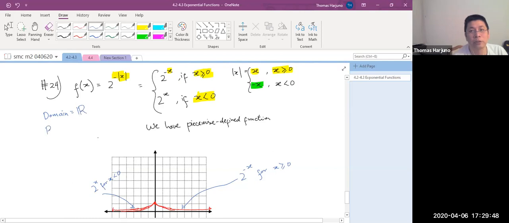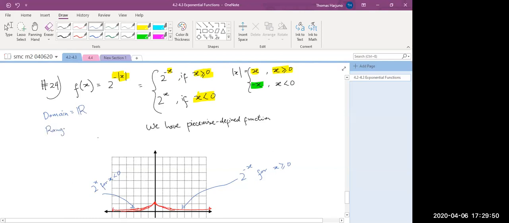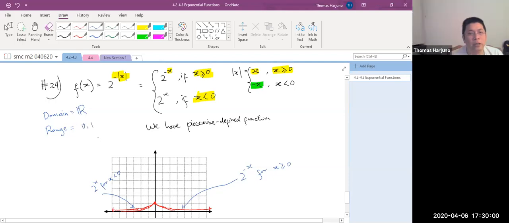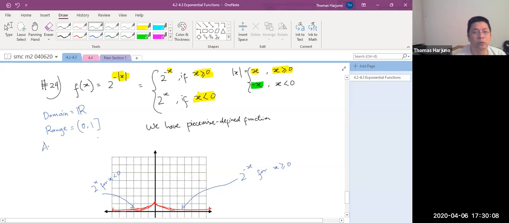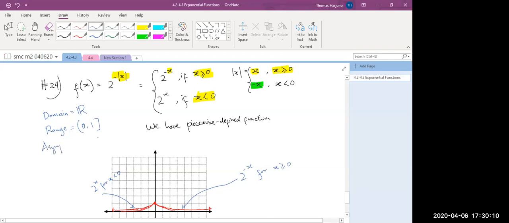How about the range? 0 to 1? That's right, 0 to 1. Not including 0, do we include 1? Yes. Okay, now how about the asymptote? Almost right. y equals 0.